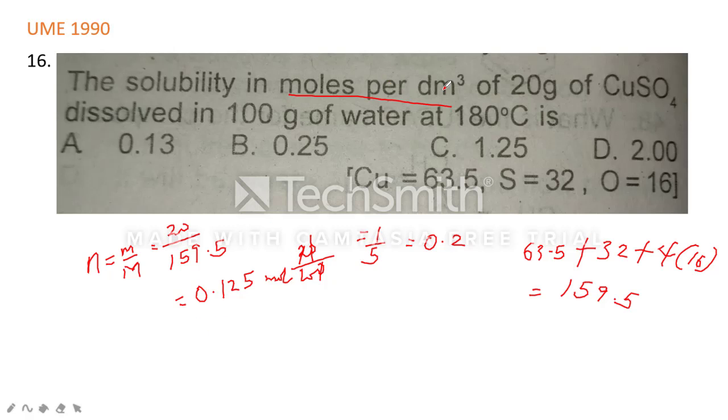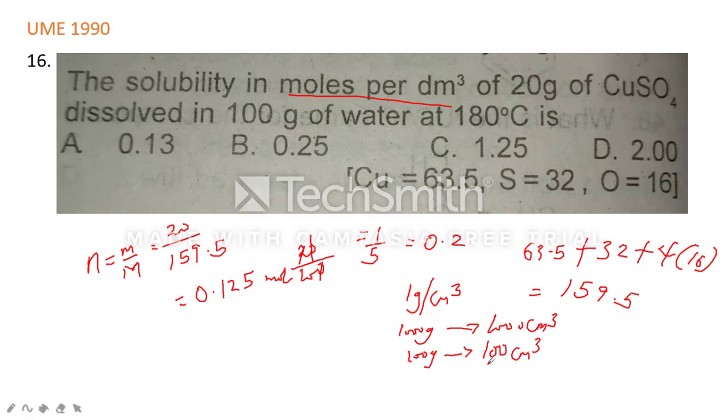Now since it's moles per dm cube, I know that 1 gram per cubic centimeter is the density of water. So that implies that 1,000 grams is equivalent to 1,000 cubic centimeters. So 100 grams will be equivalent to 100 cubic centimeters.